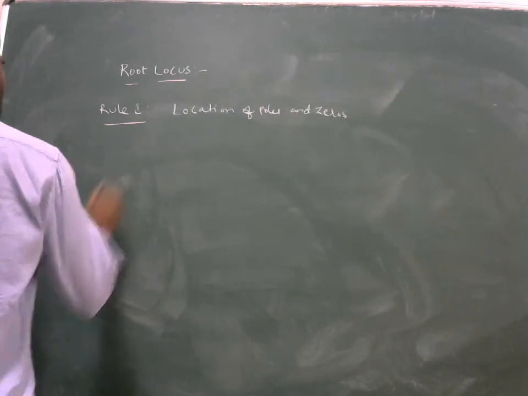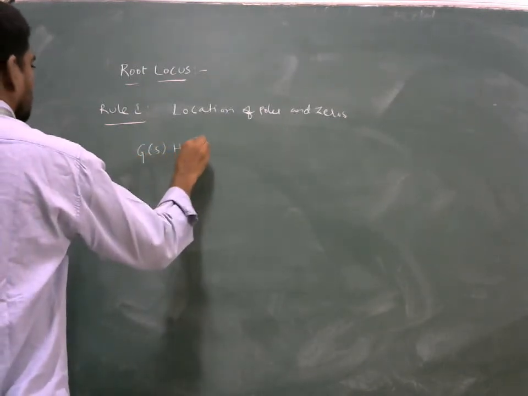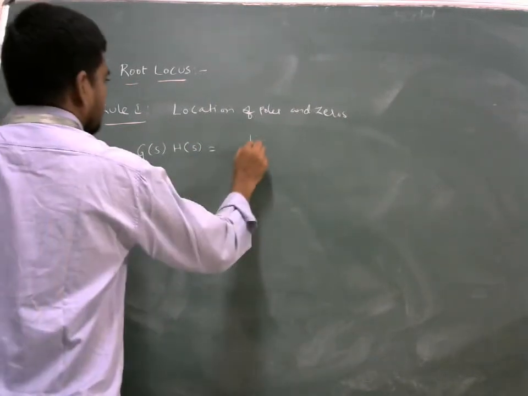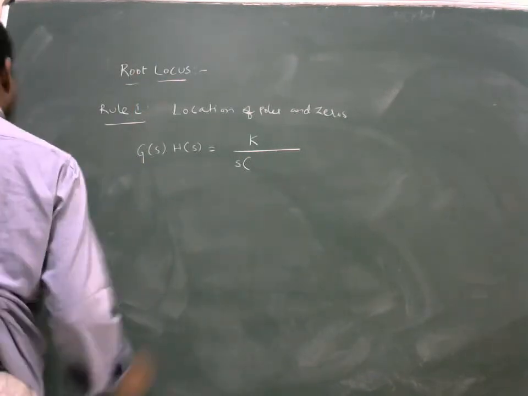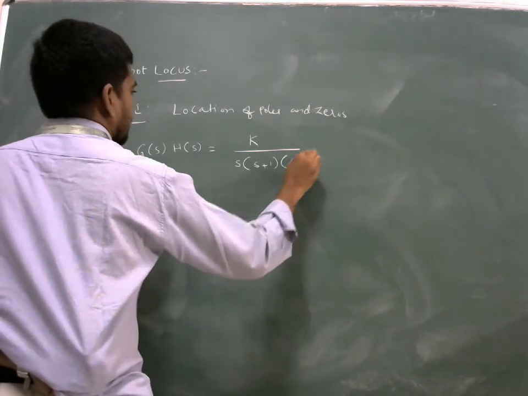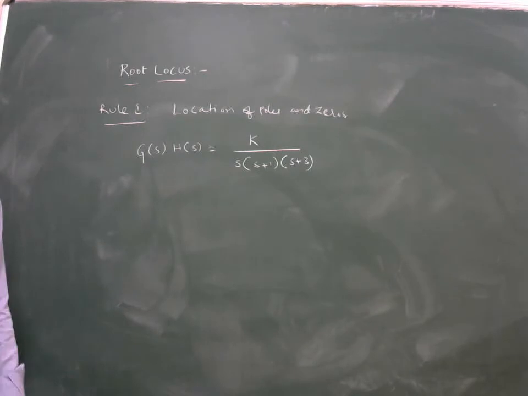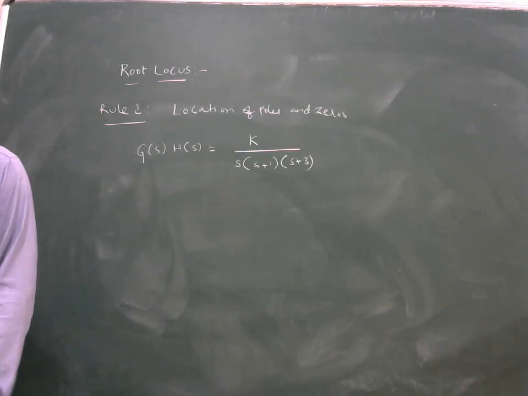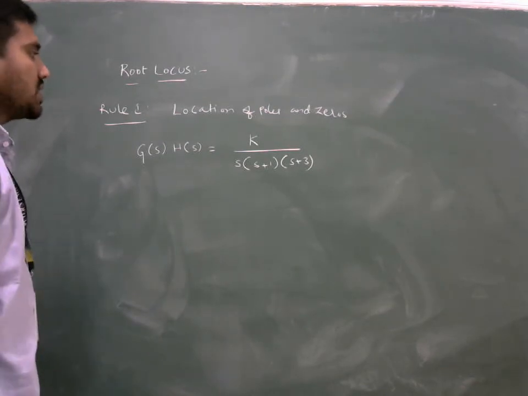Let us consider a transfer function G of S into H of S is equal to k divided by S into S plus 1 into S plus 3. Now you need to identify the poles and zeros.